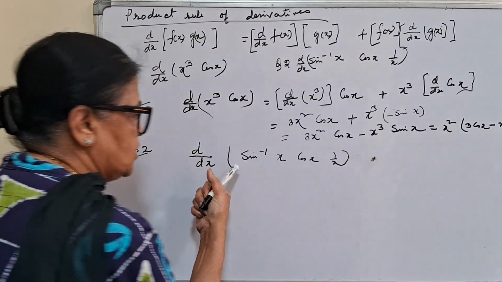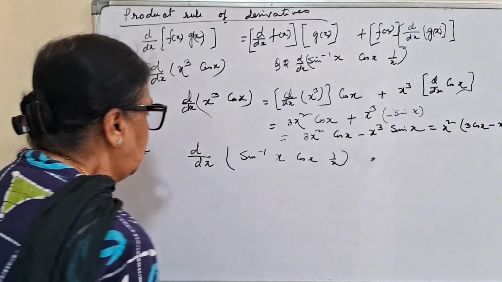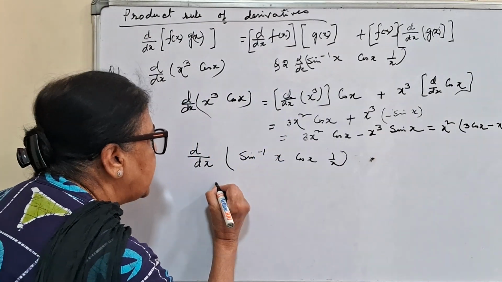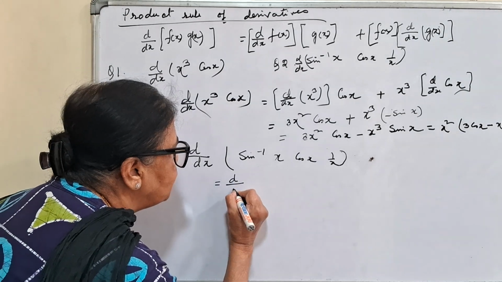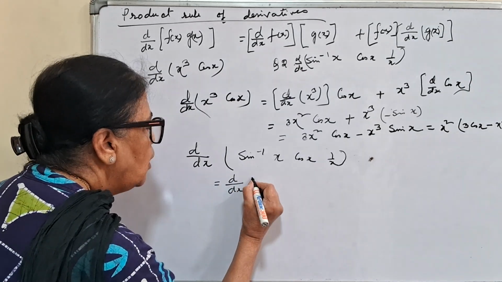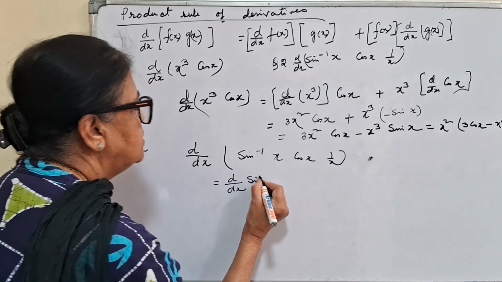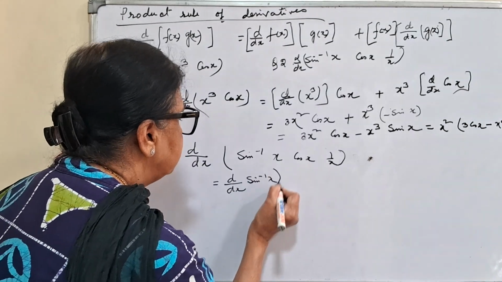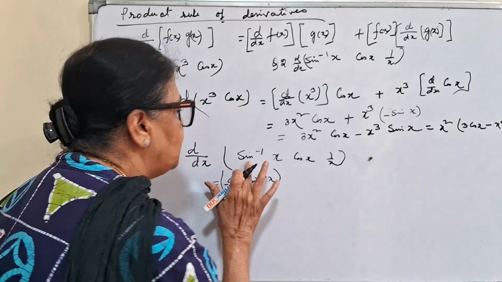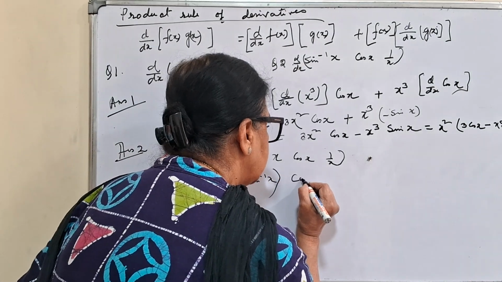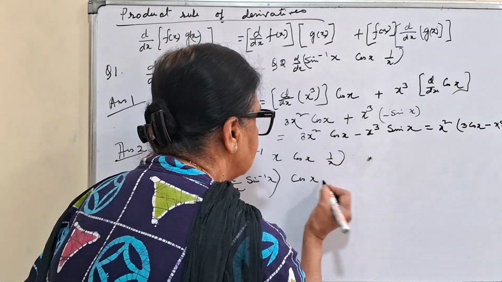These are the three functions. So what will you do? You will write d/dx of sin inverse x first, then cos x and 1 by x I will leave as they are.